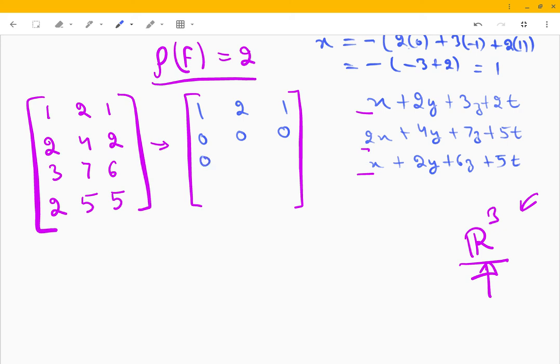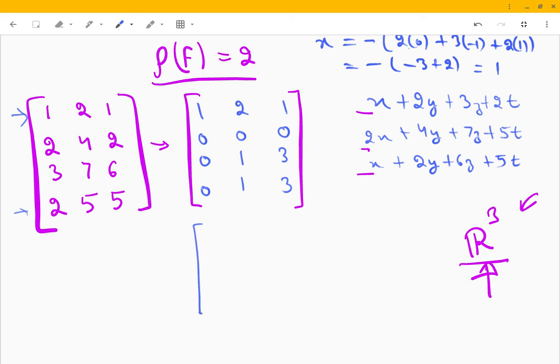This is 0. 7 minus 6, 1. 6 minus 3 is 3. And again, negative 2 times r1 plus r4. This is how I do it. I find it easy. I just multiply with a negative and then just add. Minus 2 plus 2, 0. Minus 4 plus 5, 1. Minus 2 plus 5, 3. So this is what I get, right? The echelon form.